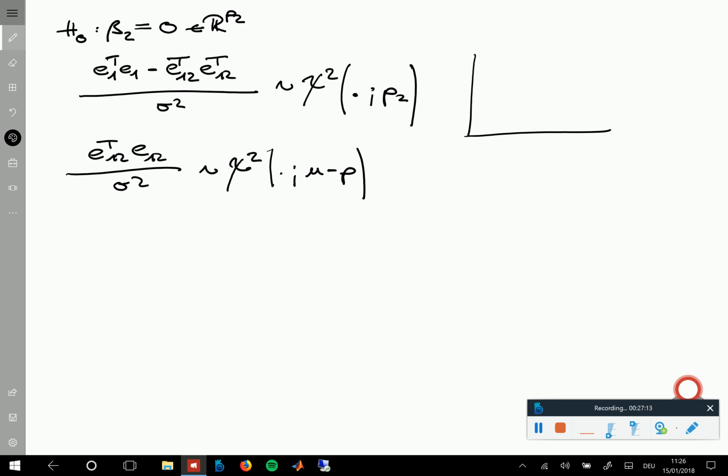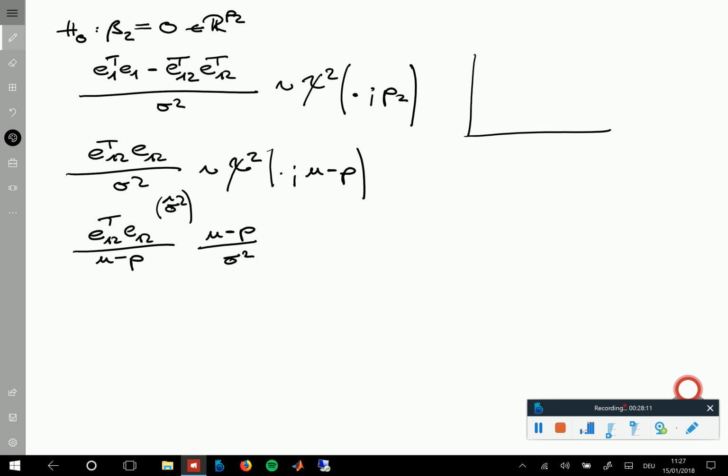There we learned that the variance estimate, which is e_12^T e_12 divided by n minus p, or a normalized version of it, multiplied by n minus p and divided by sigma square, is chi-square distributed.